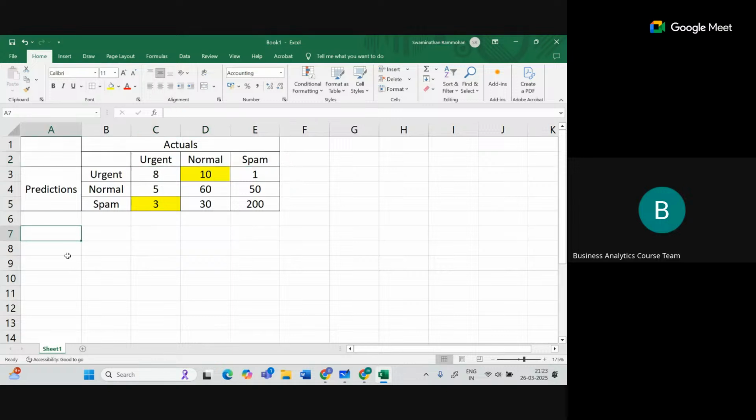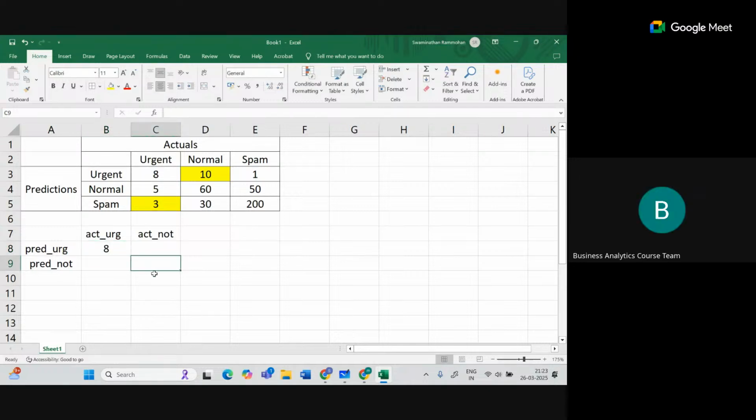Let me call these predicted urgent and predicted not urgent, and similarly actual urgent and actual not urgent. Now tell me, what is the actual urgent and predicted urgent? 8. Okay, very good.